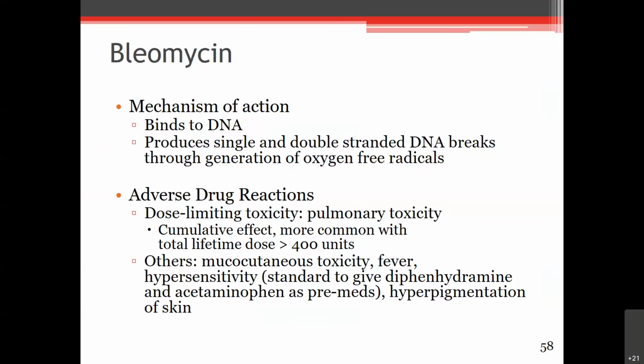We do get baseline PFTs in patients before starting bleo and then periodically throughout treatment. The risk of the pulmonary toxicity does increase with age, as well as with decreased renal function and with higher cumulative doses, so especially with a total lifetime dose of greater than 400 units.